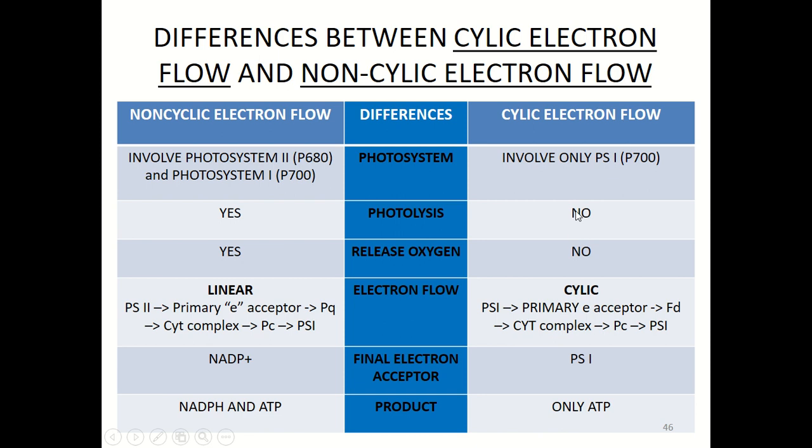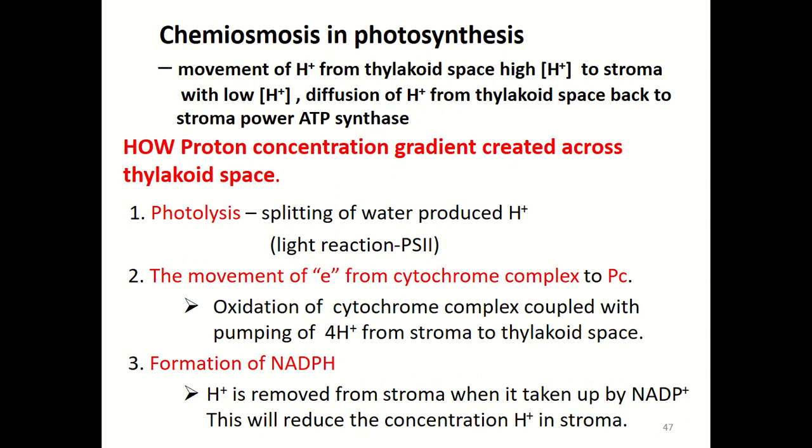Cyclic electron flow goes from photosystem 1, primary electron acceptor, ferredoxin, cytochrome complex, plastocyanin, and back to photosystem 1. In non-cyclic, the final electron acceptor is NADP plus to produce NADPH. Meanwhile, the final electron acceptor for cyclic electron flow is photosystem 1, and it only produces ATP. Meanwhile, non-cyclic produces both NADPH and ATP.